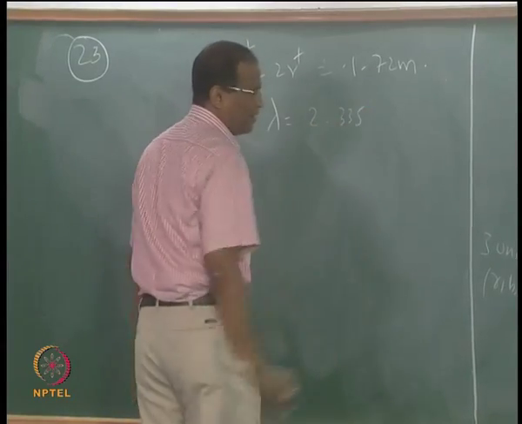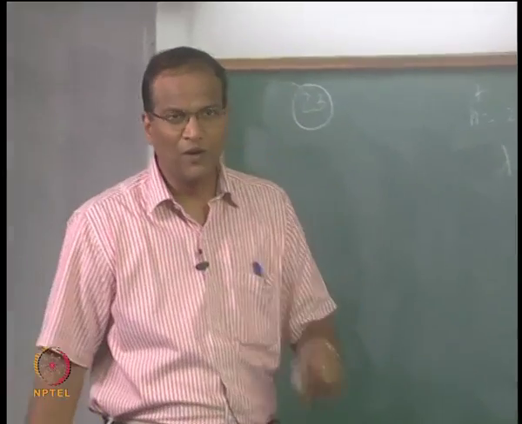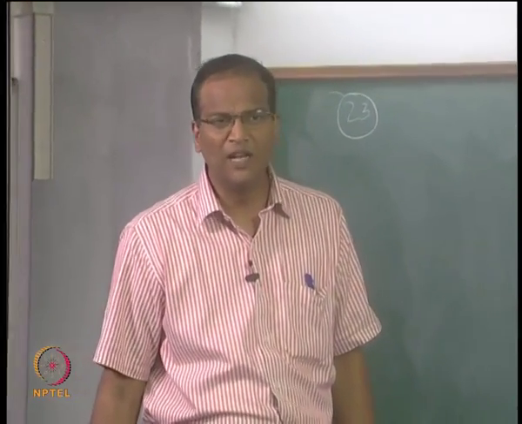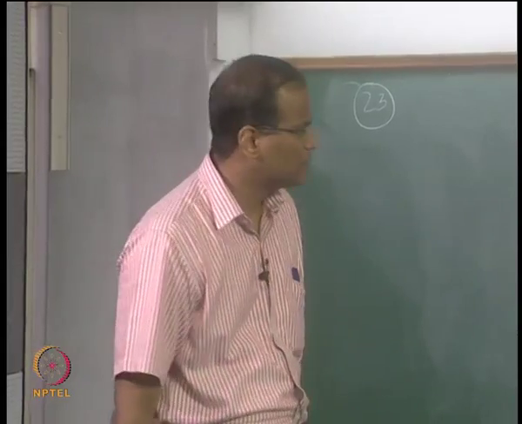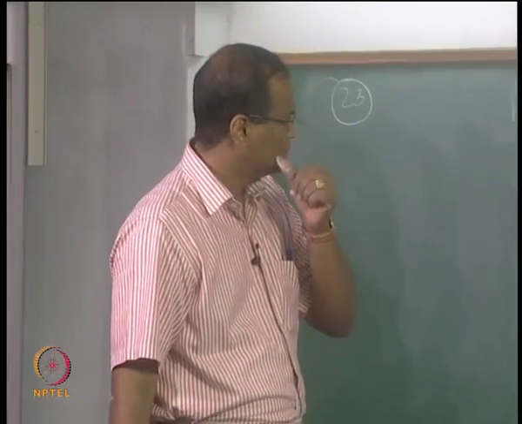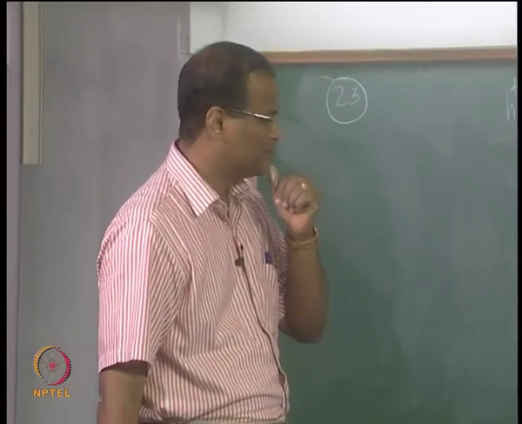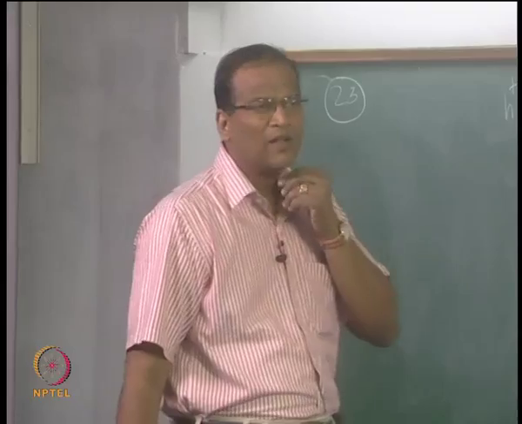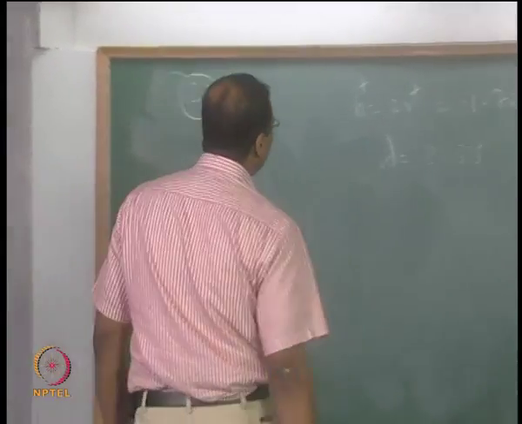What are the units of lambda? Very good. What are the units of lambda? Meter inverse. Did everybody figure out this? Meter inverse. What meter square? Area by volume, man. Okay, it's area by volume. Meter inverse.